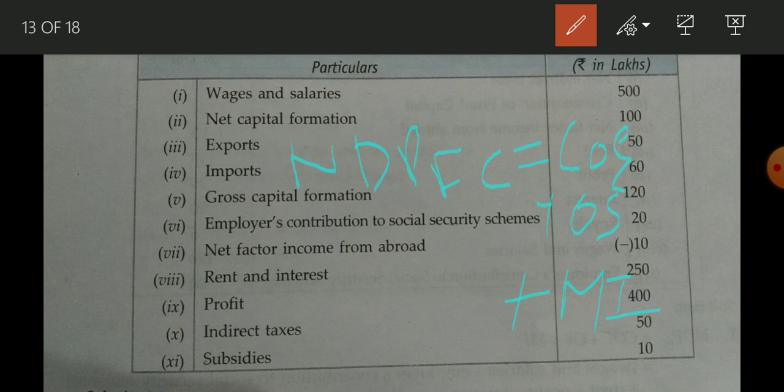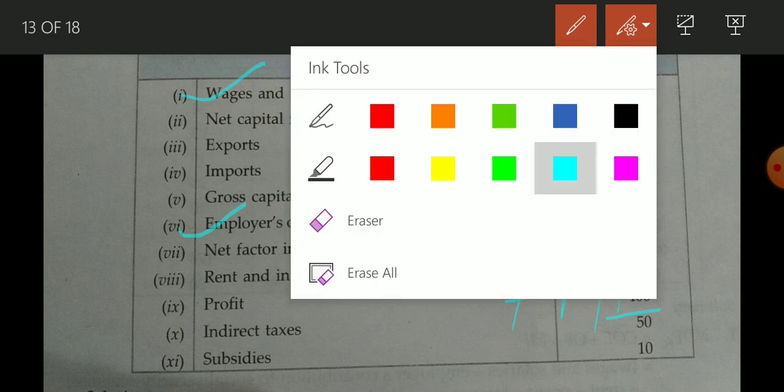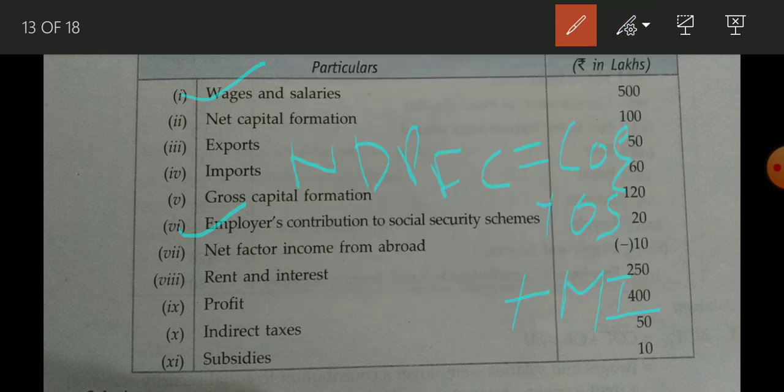Mixed income is not given, so we will consider it 0. For COE, we will add wages and salary and employer's contribution to social security scheme, meaning 500 plus 20. For operating surplus we have to add rent plus interest plus profit. Royalty is not given, so we will add rent plus interest and profit, that is 250 and 400. In this way we get the value of operating surplus.